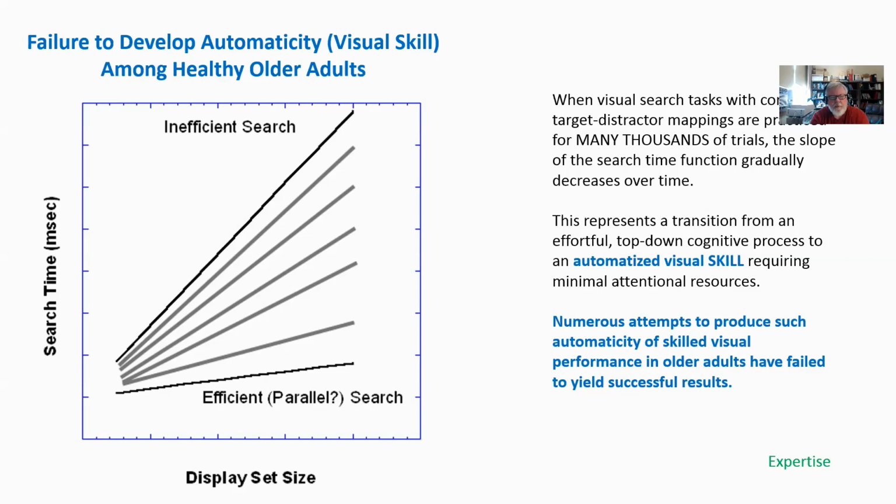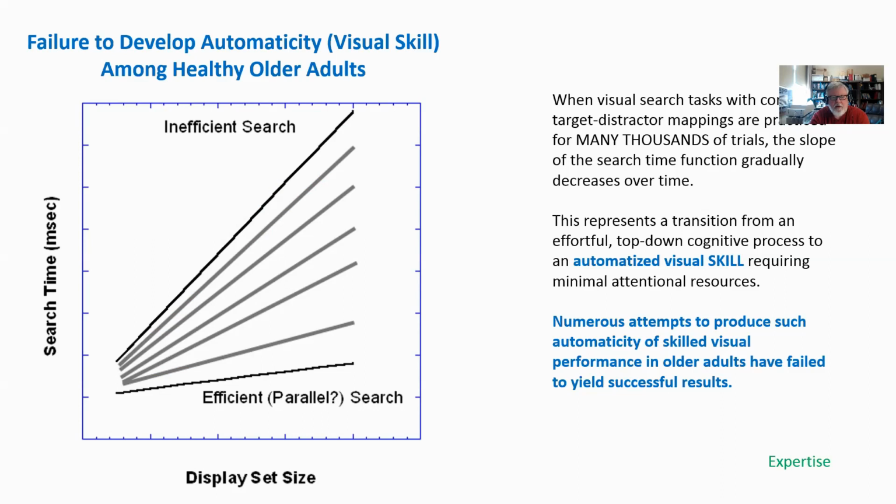So for example, if we search for, let's say, letter K, and the distractor is always either an M or a J. I'm just using this as a made-up example.